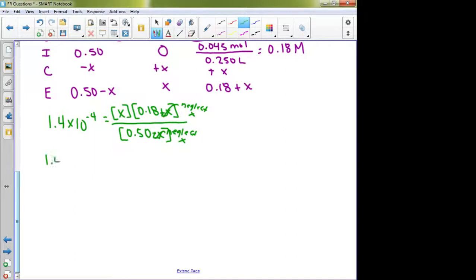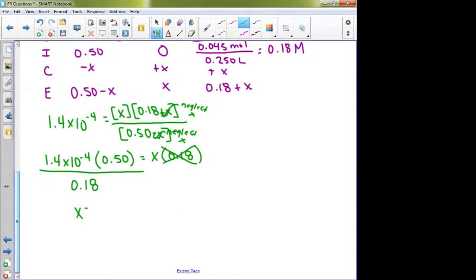So I would cross multiply and get 1.4 times 10 to the negative 4 times 0.50 is equal to x times 0.18. So then what would I do? Divide by 0.18. So then x would be equal to 3.9 times 10 to the negative 4th.